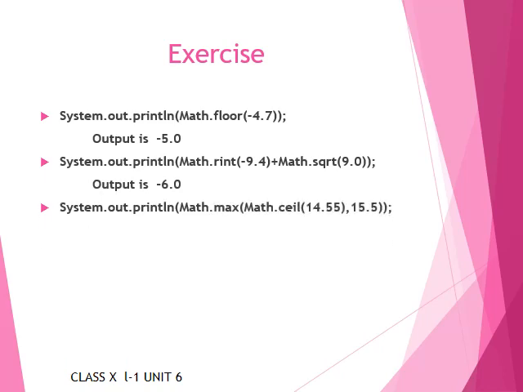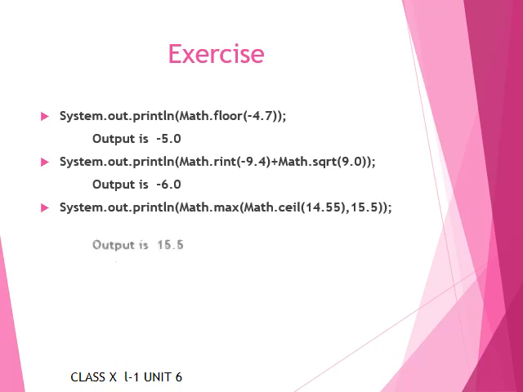System.out.println Math.max, Math.ceil 14.55, 15.5. First we solve Math.ceil of 14.55, output is 15.0. And when we find the maximum value out of 15.0 and 15.5, definitely the answer is 15.5.